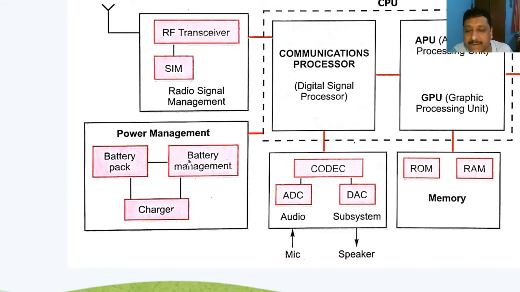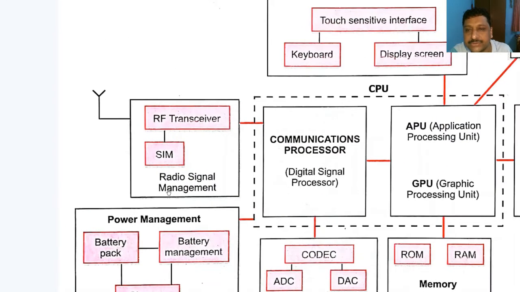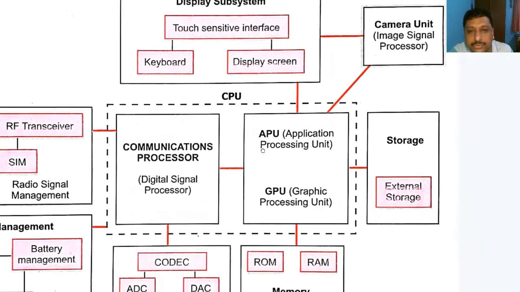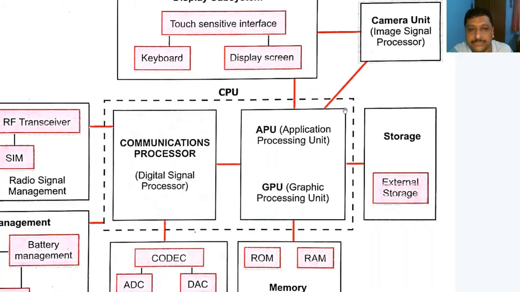Power management: the battery is there, battery management, the charger is there. And the most important thing is the SIM. There is a facility to insert a SIM for radio signal management or radio frequency transmission, so that we can make calls or receive calls. And all these components are controlled and managed by the CPU of the mobile system.